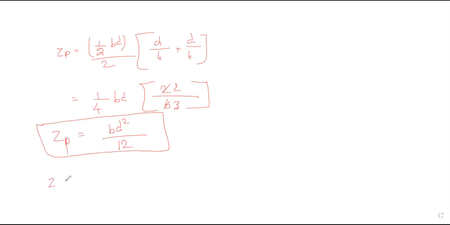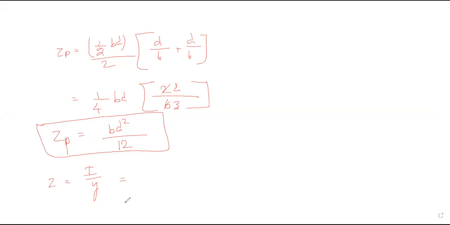Next we should move on to the Z value. So Z is equal to I by Y. Whereas for the I value, we are going to say BD cube by 12 into 2, as we take two parts.